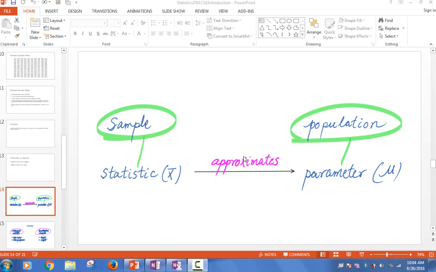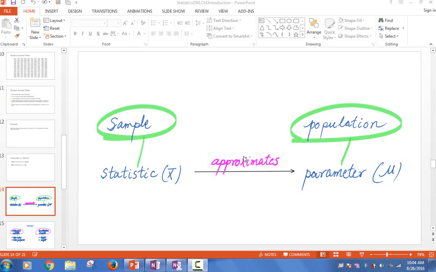On the other hand, you pick a sample of 1,500 voters and then you come up with what percent of the voters in the sample prefer Trump, right? So in that case, that percent based on the sample is a statistic. Okay? So you use the statistic in order to estimate a parameter, right?